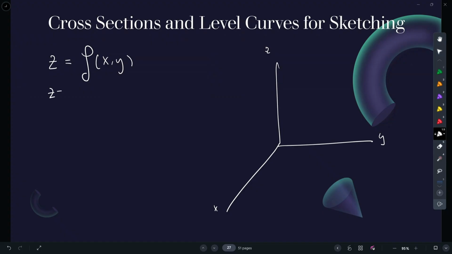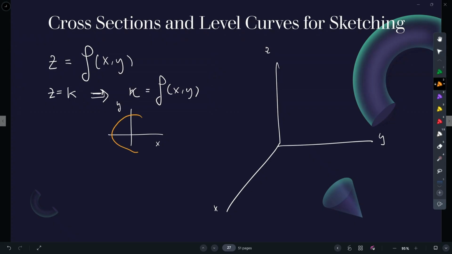So z equals a constant gives me curves, constant equals f of x, y, which is going to be some graph in the xy plane. This can be something that is not a graph of a function because it's a curve.